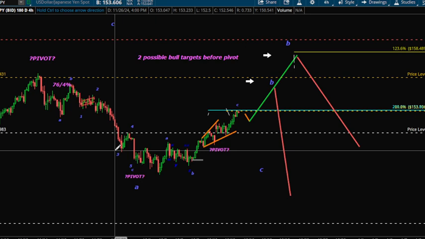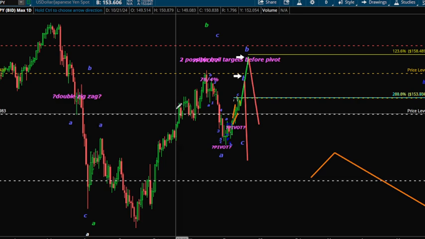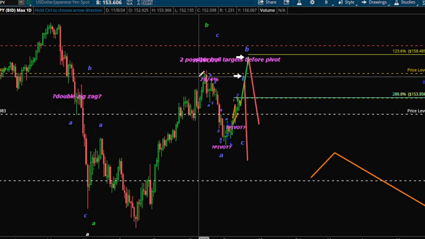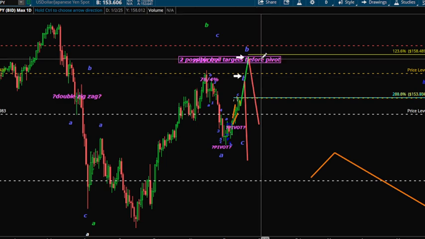So we got this double zigzag here, expanding flat, A, B, C for an A and a B. Okay. I don't think that we could have any moves higher because we had 5 moves down. This would have to be 3 moves down to get a higher high.